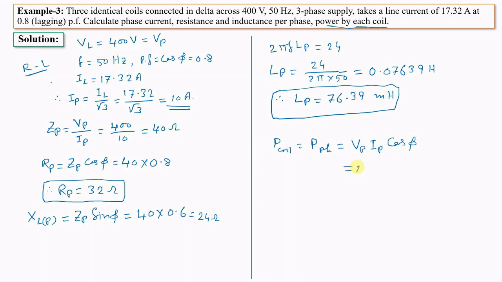Here the value of V phase is 400, phase current is 10 ampere, and the power factor is 0.8. So after solving, it will be 3200 watt, or we can write 3.2 kilowatt. So this is the power per phase, or power in one coil. So that is the complete solution.